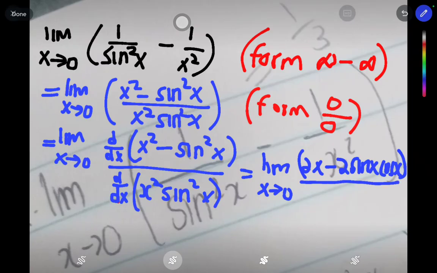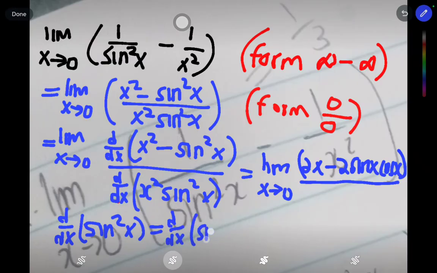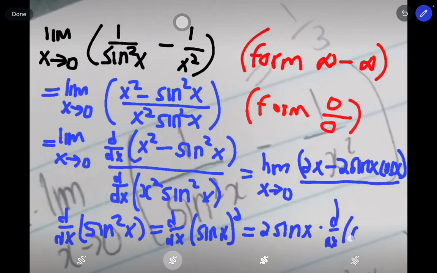Remember, when you derive sin squared x, let me remind you this, this is the same thing as deriving sin x squared. You first drop the 2 according to chain rule, you to power rule, you drop the 2, you keep the sine, you subtract 1 here so it remains like this, then you multiply by the derivative of the inside, which the inside there is sin x. Then when you derive this, you'll get cos x. That's why I'm having minus 2 sin x cos x. So that will be the case for this problem, right?